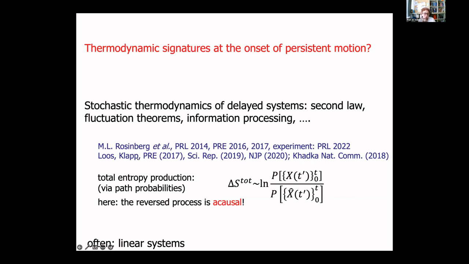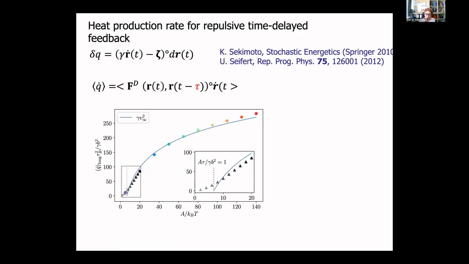We have later done, together with Sarah Loos, a series of works on overdamped systems, focusing on different quantities, and also in this work of Katka, they have looked at entropy production. But one should stress it's really a delicate issue because of the non-Markovian nature of the dynamics. And also many of these works are looking at linear systems.